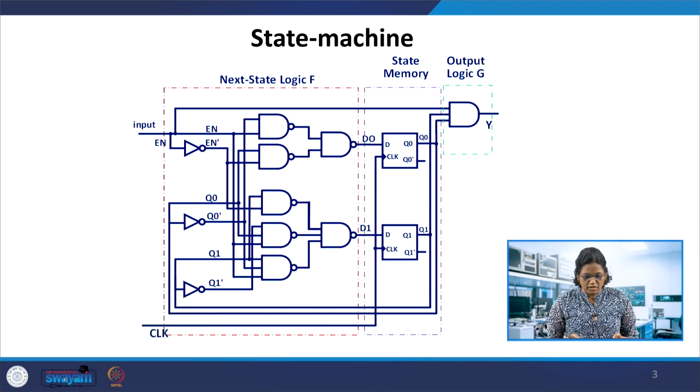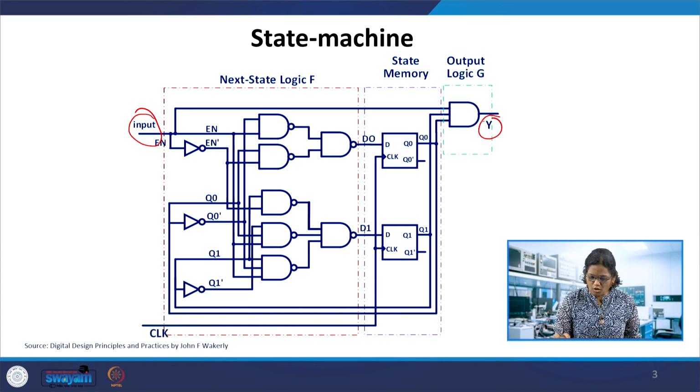Now, getting into the states, suppose we are given a logic diagram, a digital logic circuit. For example, we have the input here, which may be an enable also, and we have this Y output. So here are the input and the output Y. We can see there is a combinational circuit here. The enable is complemented, and Q naught is feeding back to certain gates here, and we have some NAND gates over here.